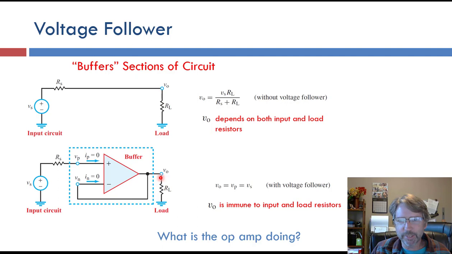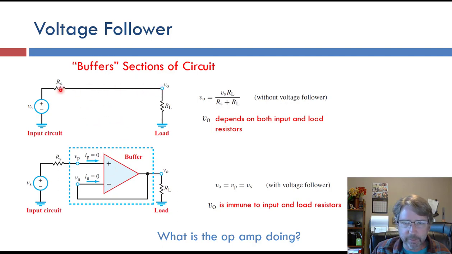So it seems like a useless thing, because if you just connected this to here with a wire, that also gives you the same voltage. So the reason you use that is shown here. If you have a load, if you have to provide more current, we did load error analysis with voltage divider circuits, and sometimes a buffer is used on a voltage divider.